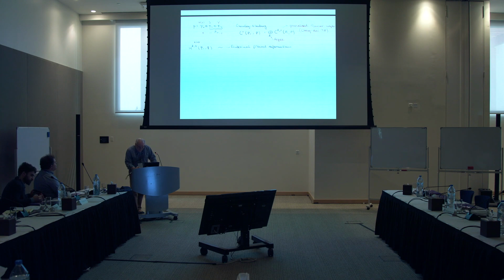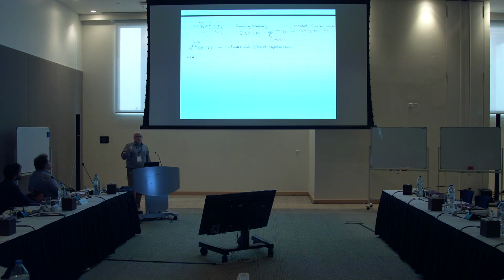Okay, so let me give you an example. Let's take P to be our favorite 11-dimensional Poincaré superalgebra, and let me tell you one calculation. Let's take D equals 2.